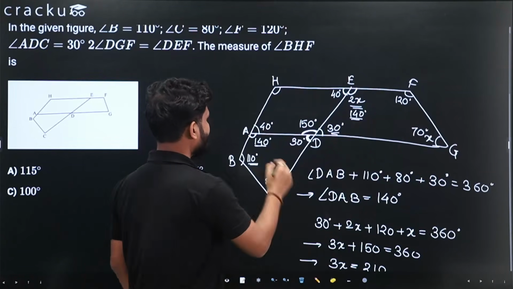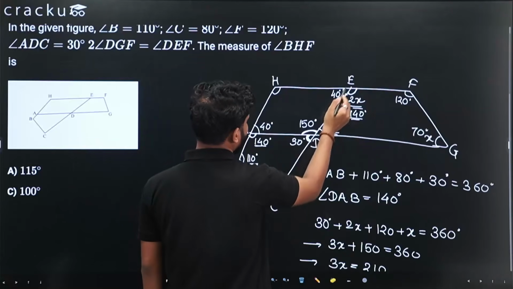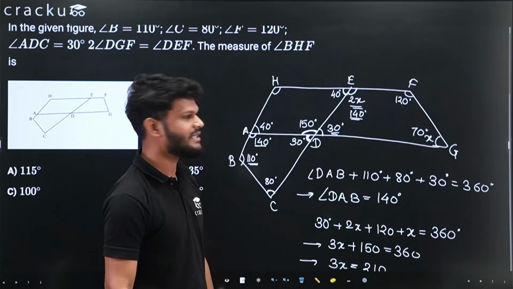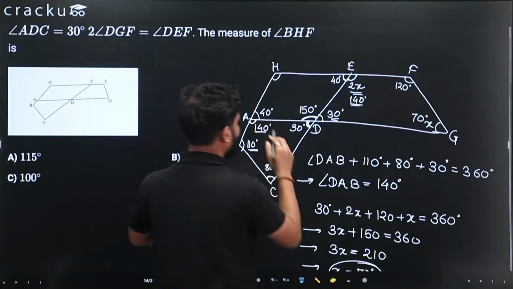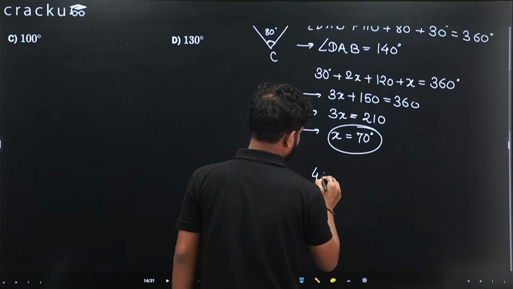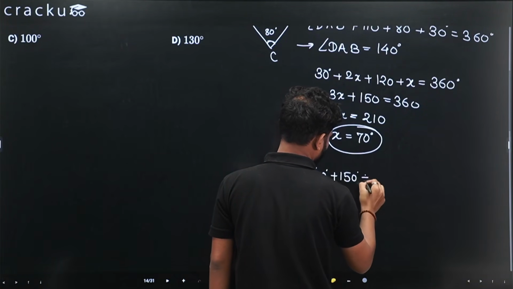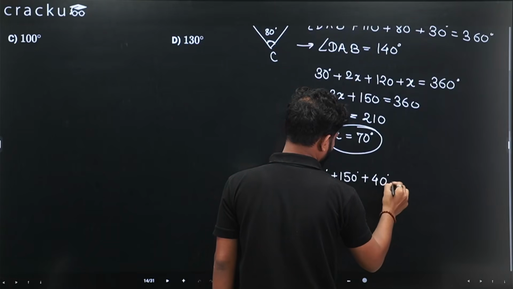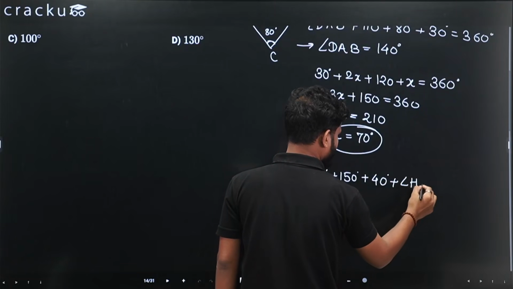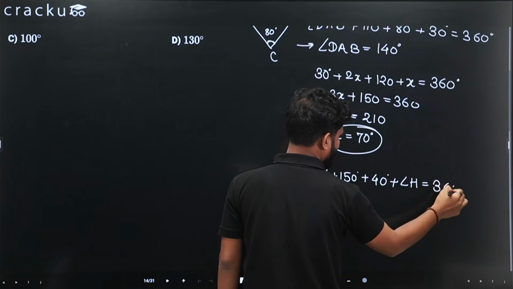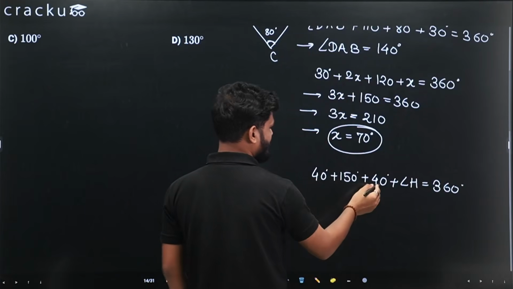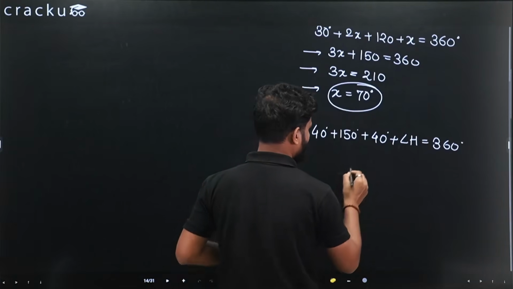How? Because in this quadrilateral ADEH, the sum of all angles will be 360 degrees. So I can write 40 degrees plus 150 degrees plus 40 degrees plus angle H is equal to 360 degrees. 40 plus 40 is 80, 80 plus 150 is 230.